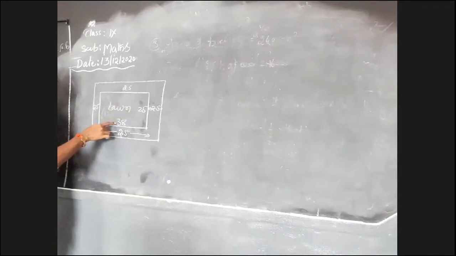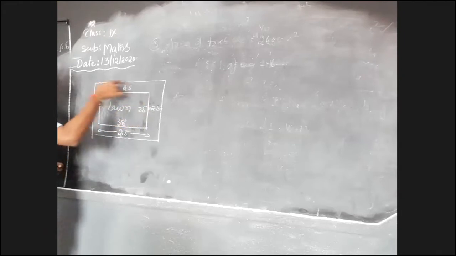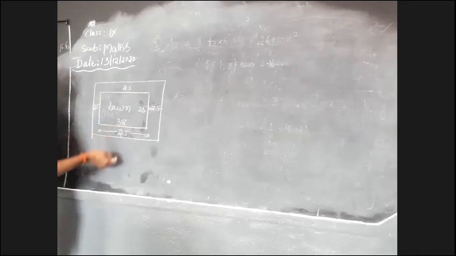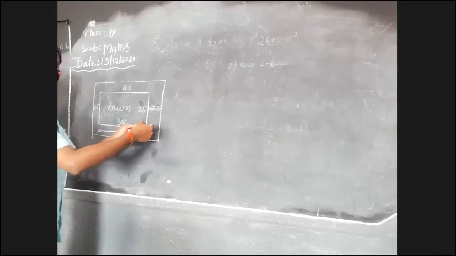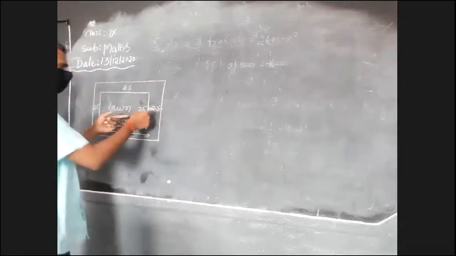The lawn size is given as 38 and 25 meters. The path of width 2.5 meters surrounds the lawn. Means length is increasing by 2.5 and breadth is also increasing by 2.5 meters.